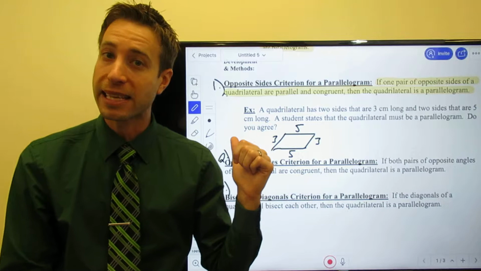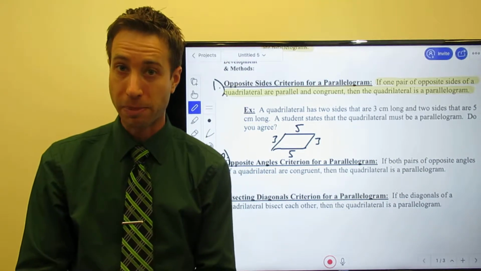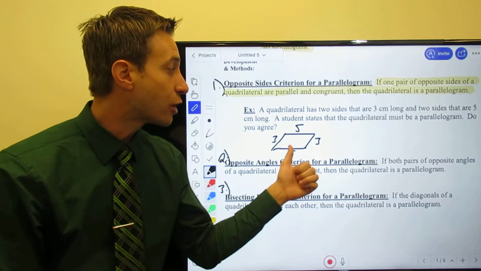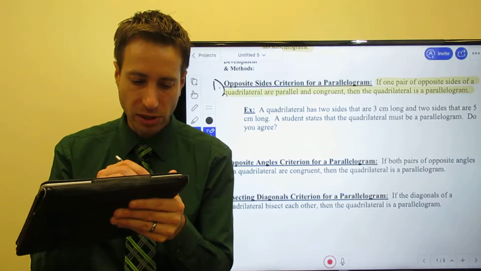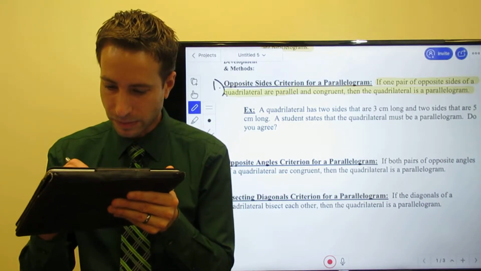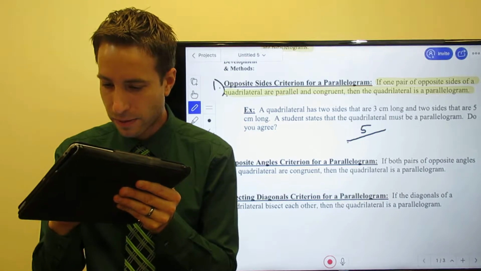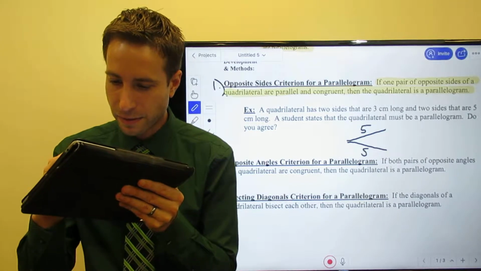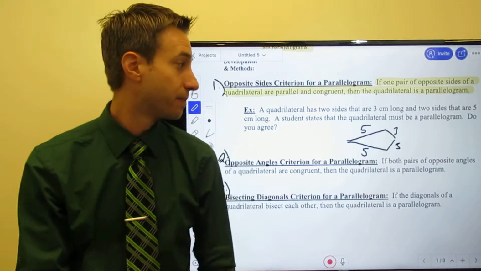It says nothing in this question about those sides being opposite sides, which means I could just as easily draw this diagram to look like this: 5, 5, 3, 3.